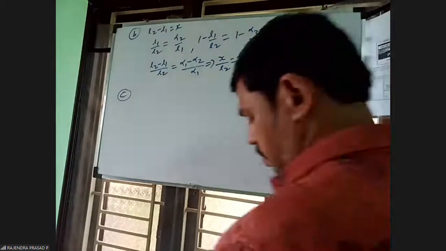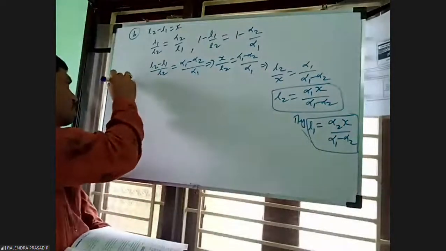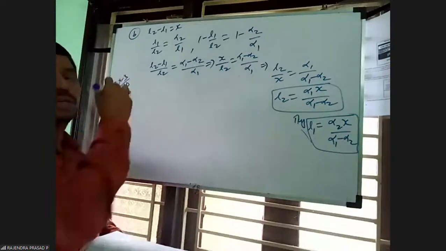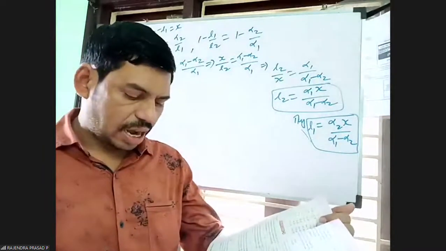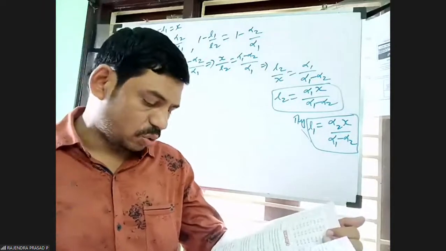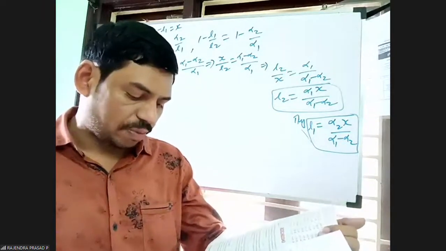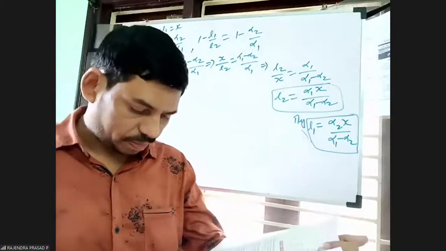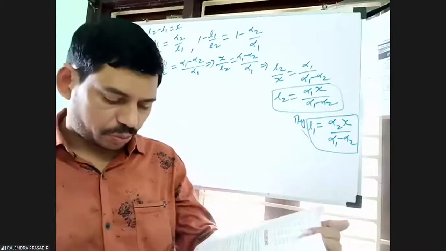Right. Exercise 3, problem number 10. Two uniform metal rods of length L1 and L2 and their linear coefficients of expansion alpha 1 and alpha 2 respectively are connected to form a single rod of length L1 plus L2.